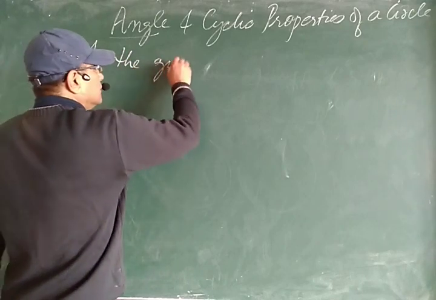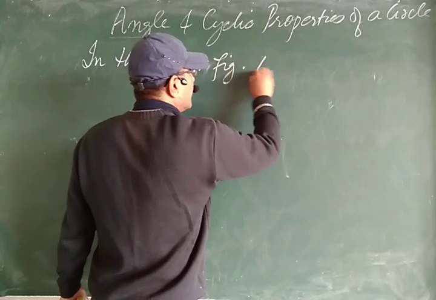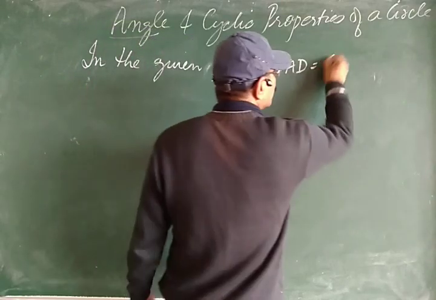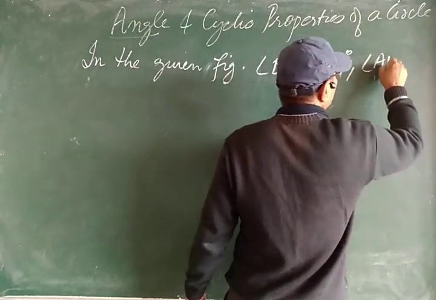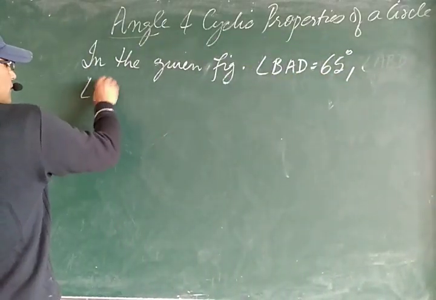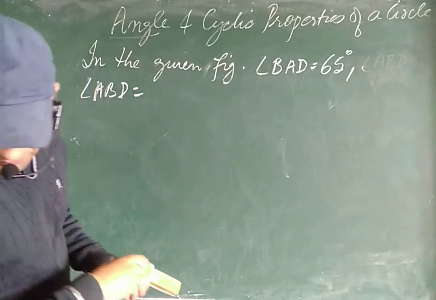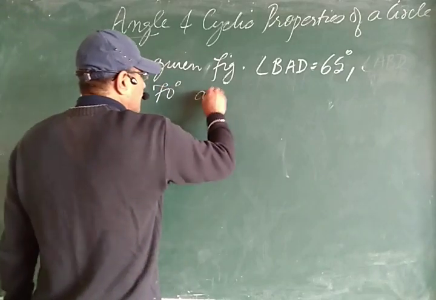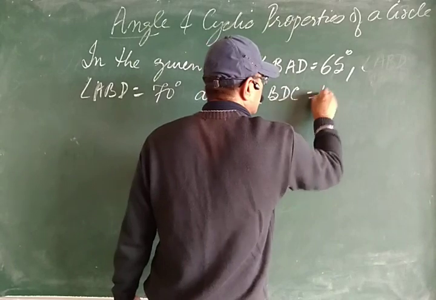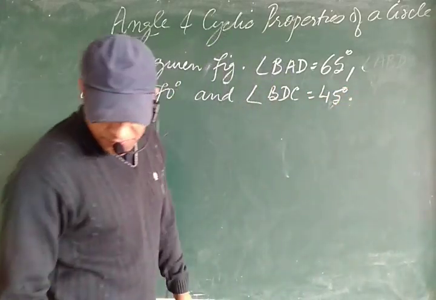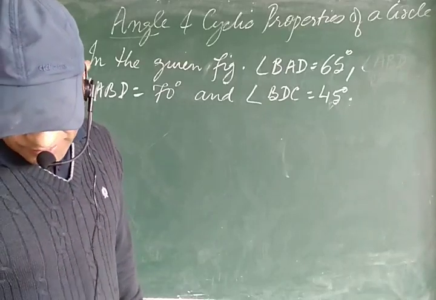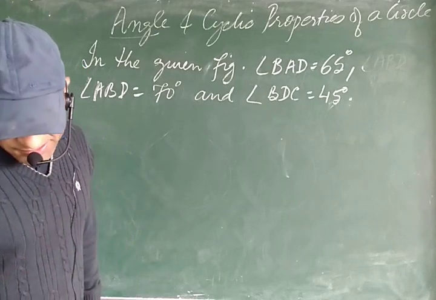In the given figure, angle BAD is equal to 65 degrees, angle ABD is equal to 70 degrees, and angle BDC is equal to 45 degrees. Okay, these are given to us. Find angle ACB.